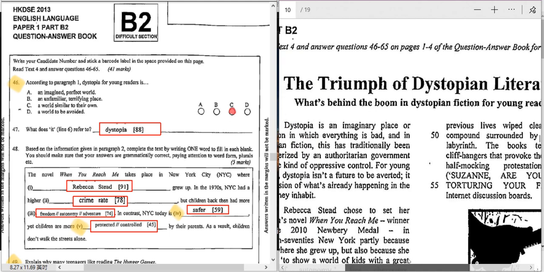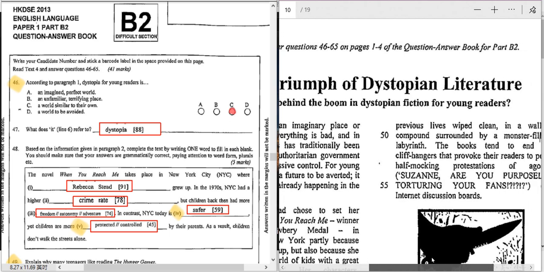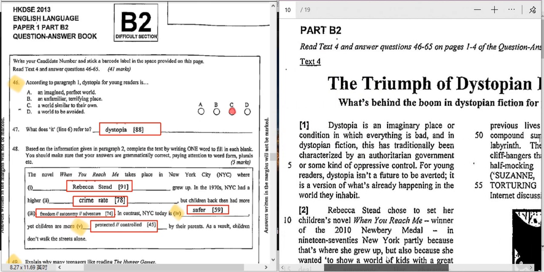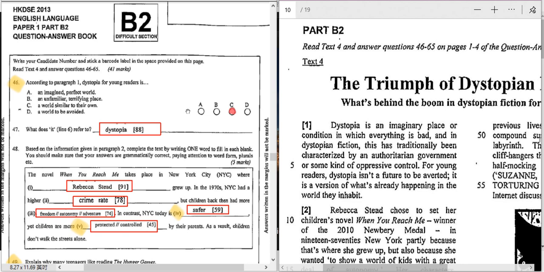What's behind the boom in dystopian fiction for young readers? A very different subject matter, and from the exam report we've learned that it was quite a challenging topic to many candidates from that year, and I believe it is equally challenging to many of you.